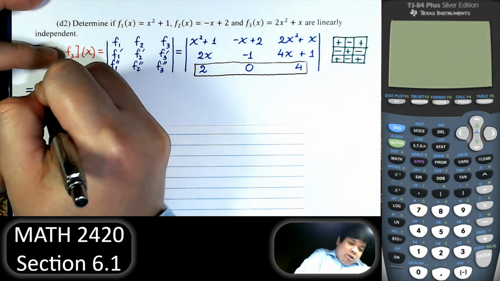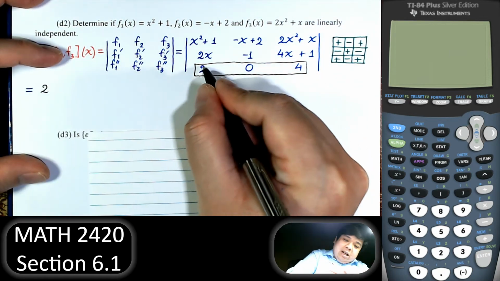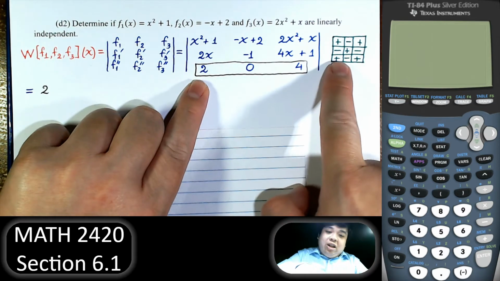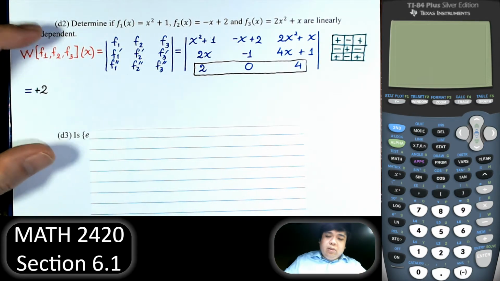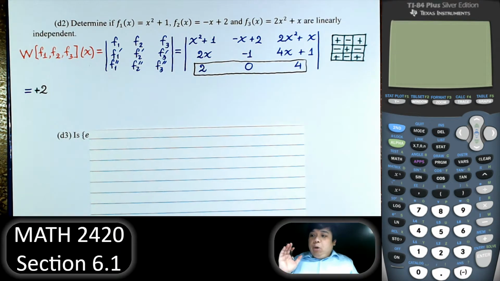Now, first we have a 2. The 2 is sitting on the plus sign, so we have plus. Once we determine that, we'll cover the row and the column containing the element 2.